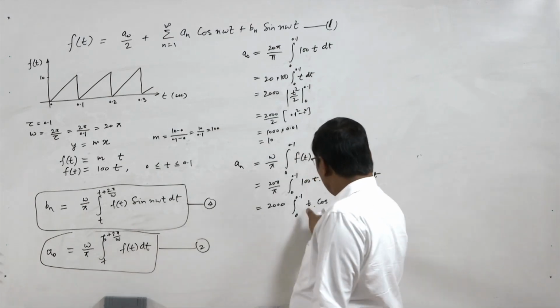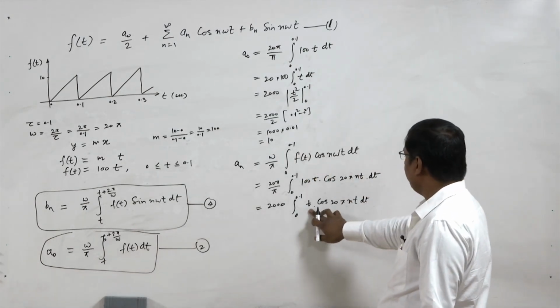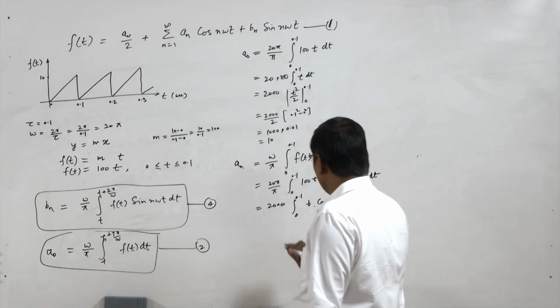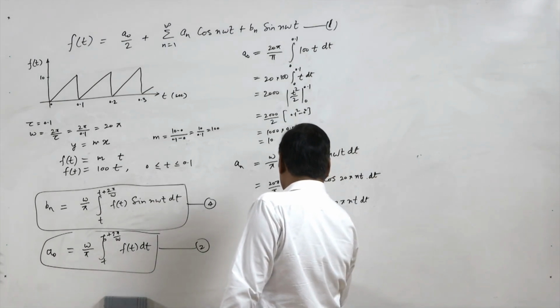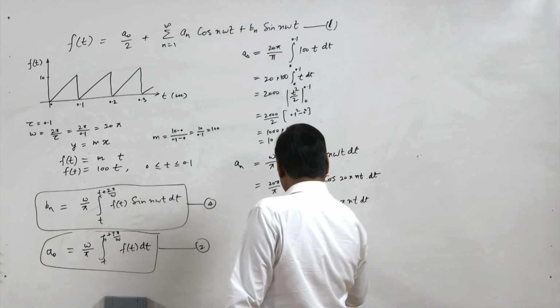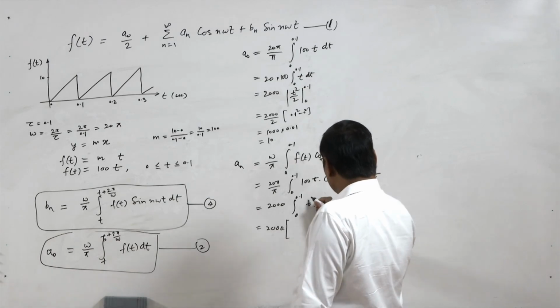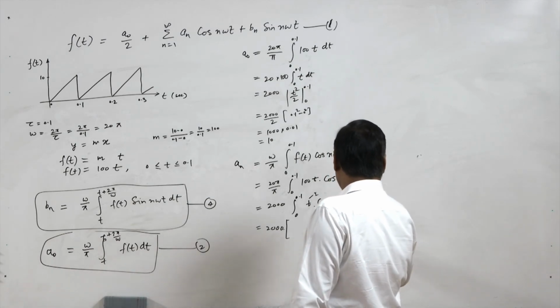Now here there are two functions of t. So we have to first do the integral by parts and then apply the limits. So we have 2000, integral by parts. Let's take this as the first function and this as the second function.